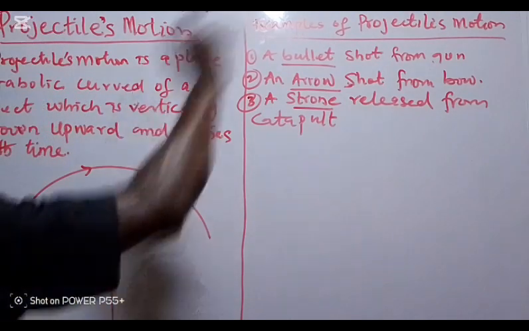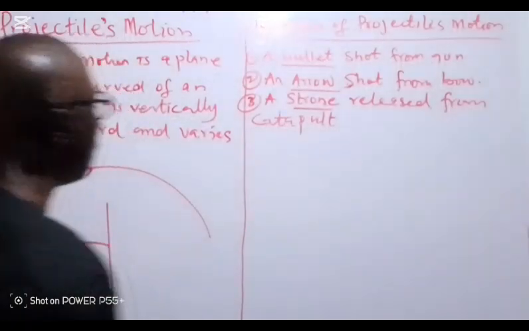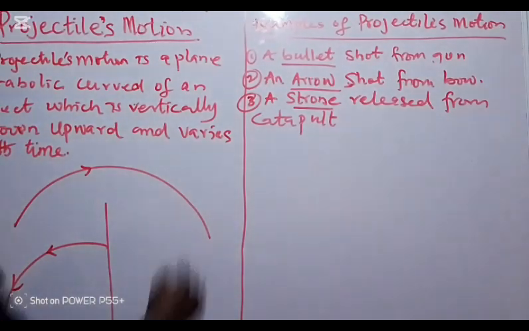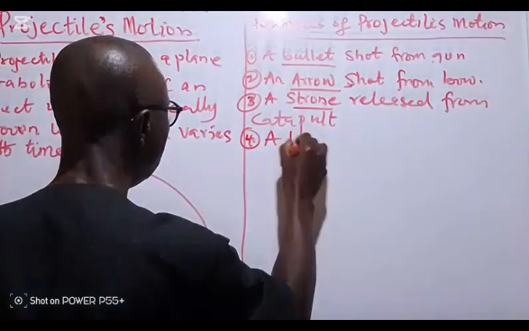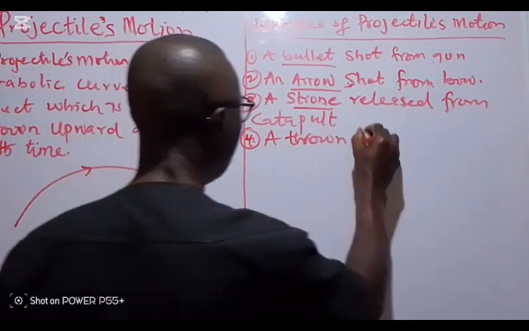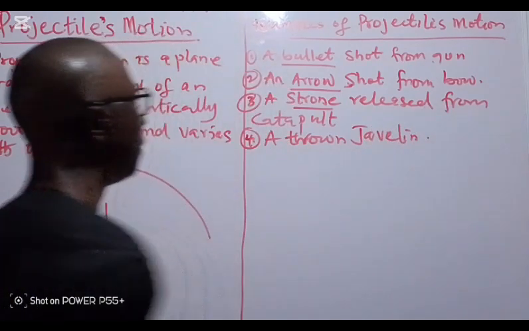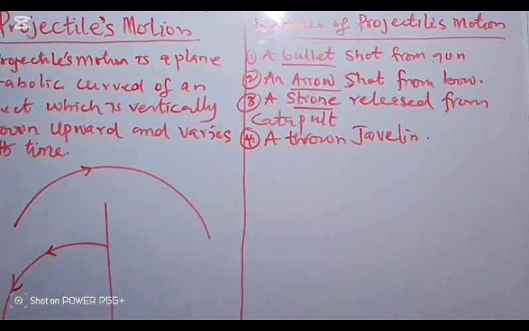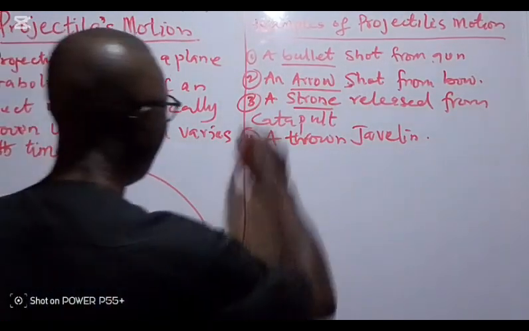When a stone is released from a catapult, it also forms a parabolic curve. Number 4, a thrown javelin. When a javelin is thrown, it forms a parabolic curve.